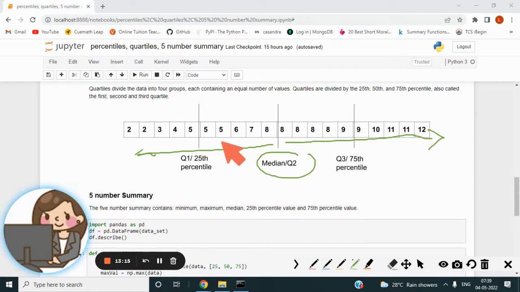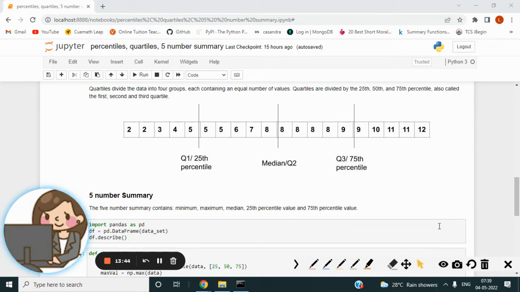Now find the median of the lower 50% of values, and you will get the 25th percentile or quartile one, Q1. And find the median of the upper 50% of values, and you will get the 75th percentile or quartile 3, Q3. That is another method through which you can find Q1 and Q3, or you can use the formula. Now coming back to the 5-number summary.